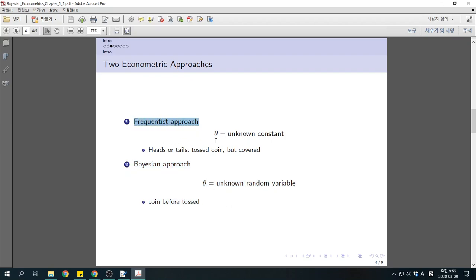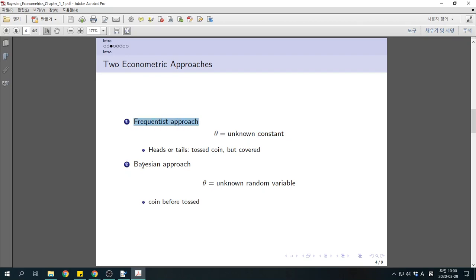In the frequentist approach, this is just an unknown constant. That's why their approach is to try to make the best guess given the data.